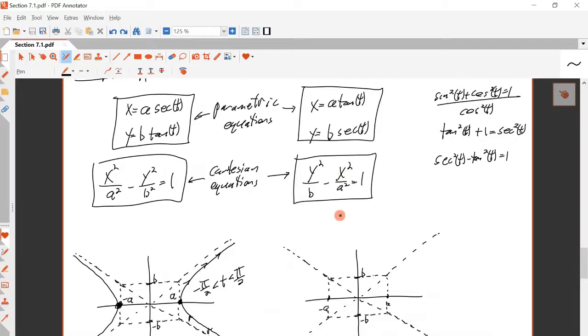Here, with this one, at t equal to 0, instead of being over here, we're right here. So the hyperbola opens up this way.